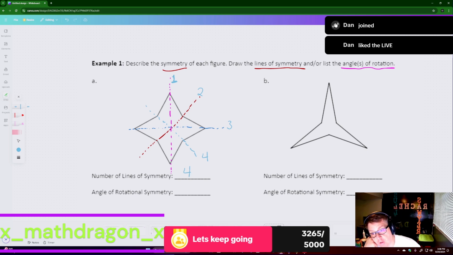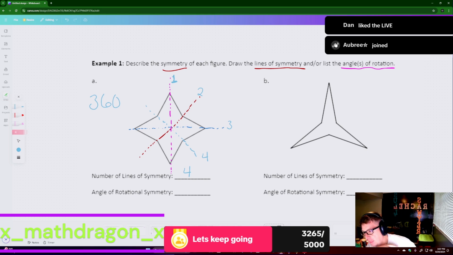Now, if we are looking for angles of rotation, if we spin it all the way around, one circle ends up being 360 degrees. That's a full circle. When we get from the beginning back to the end and it's right at the beginning, that's 360 degrees.